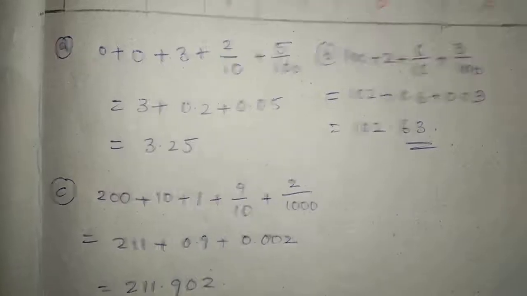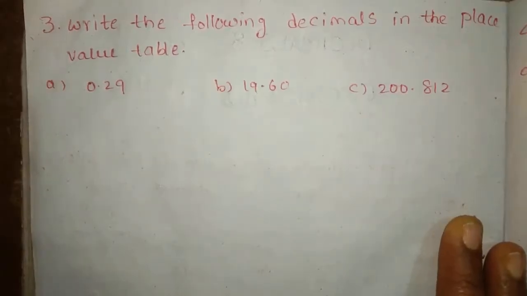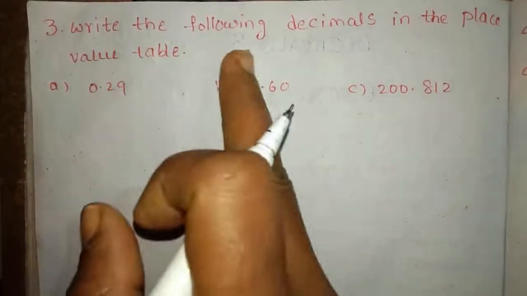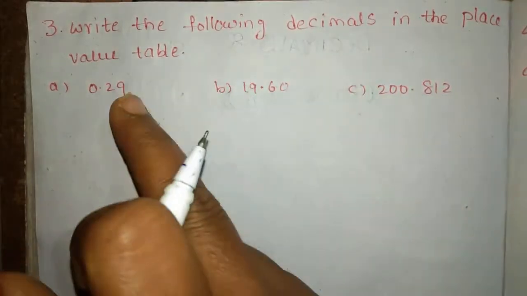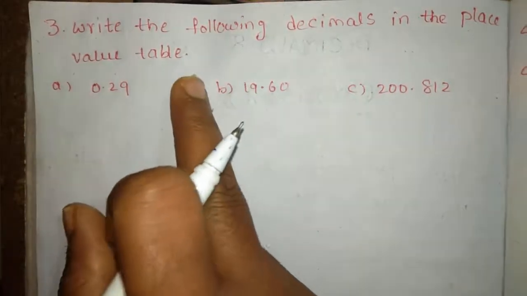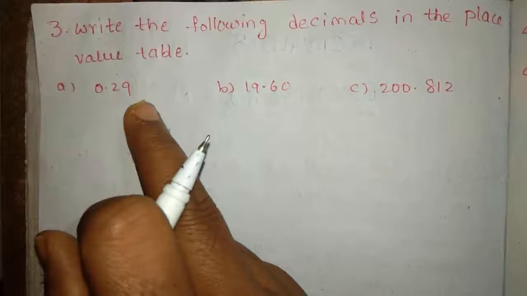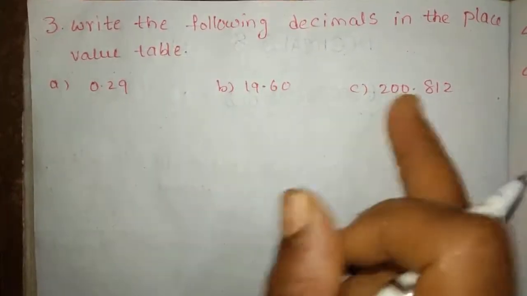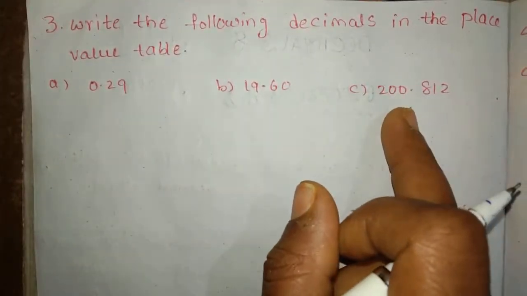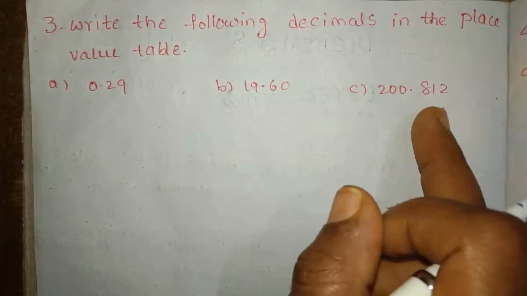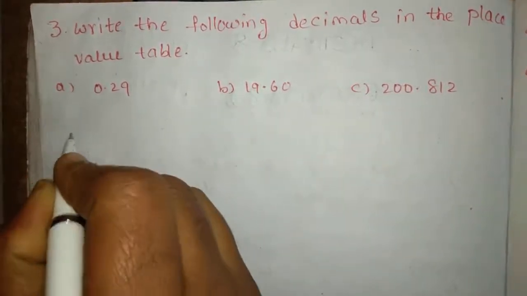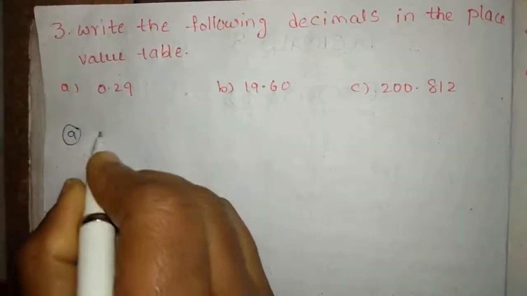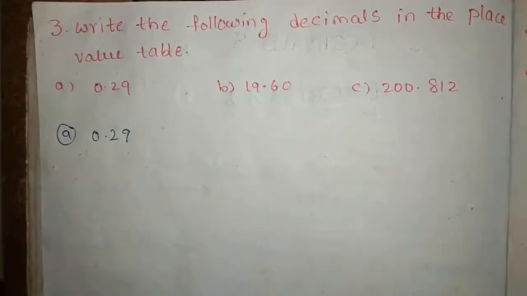Now, let us see the third question, that is, write the following decimals in the place value table. So, first one 0.29, second 19.60, and the third one is 200.812. Now, let us see the A, that is first one 0.29.